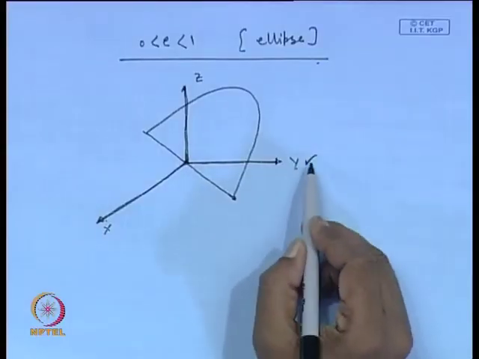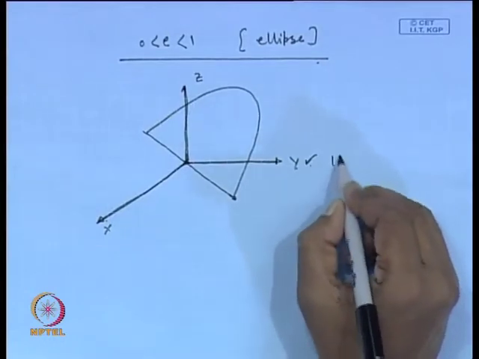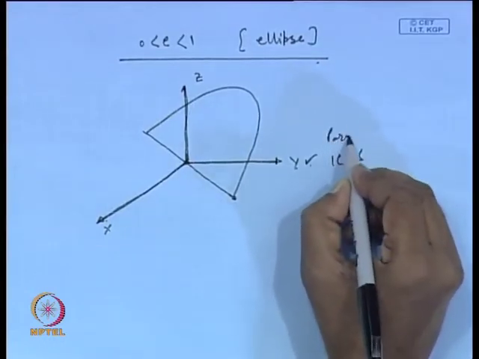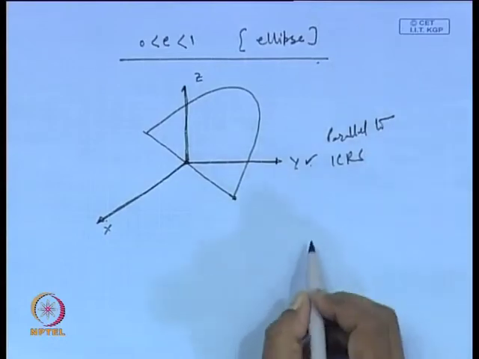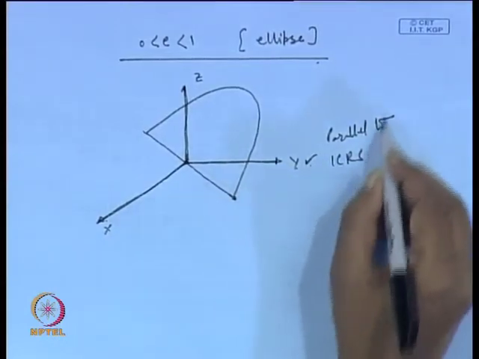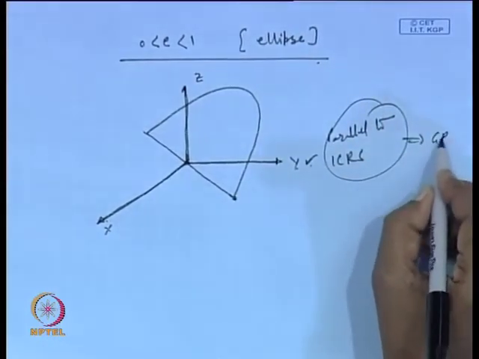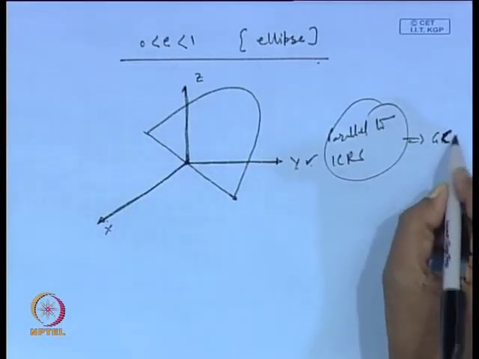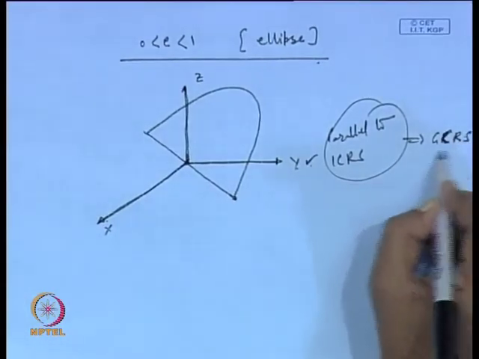Because we do all the measurements from the earth, we fix an axis parallel to that and fix it at the center of the earth. It is non-rotating, meaning its orientation remains parallel to the ICRS, and we term this whole thing the geocentric celestial reference system.